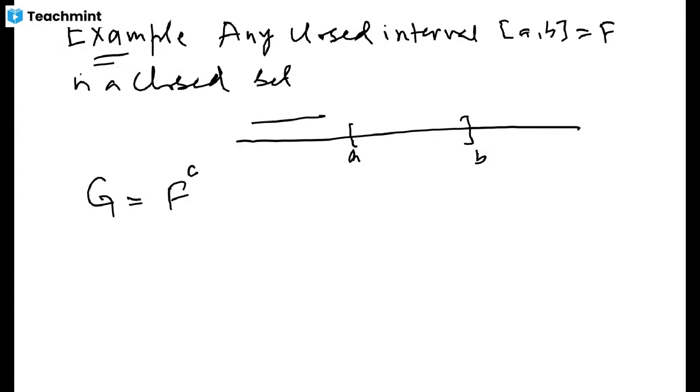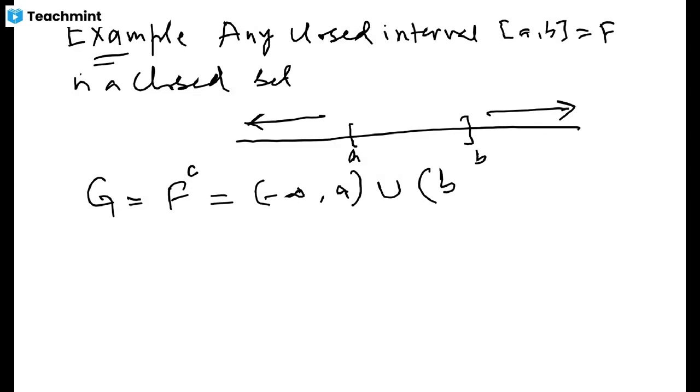That means these are the real numbers to the left of A and to the right of B. The set of real numbers to the left of A is all those points from minus infinity up to A. But A is not included since A is already included in F. And in the union, you have elements to the right of B, any element which is greater than B and less than infinity.